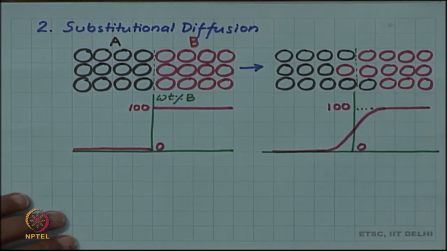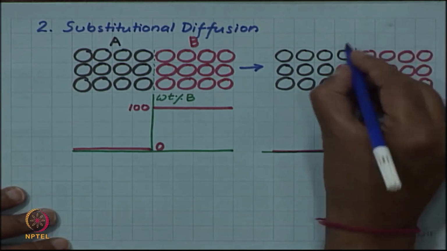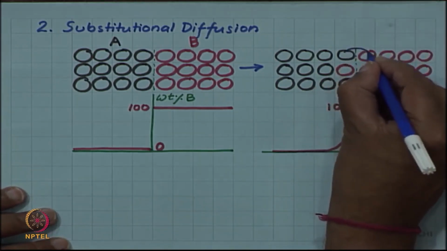This was an important question which was discussed by early scientists working with the problem of diffusion, and various kinds of mechanisms were proposed. One such mechanism was the so called ring mechanism or the direct exchange mechanism.